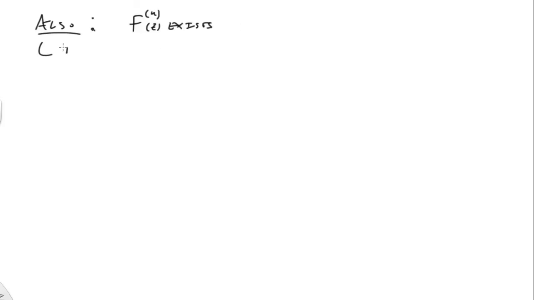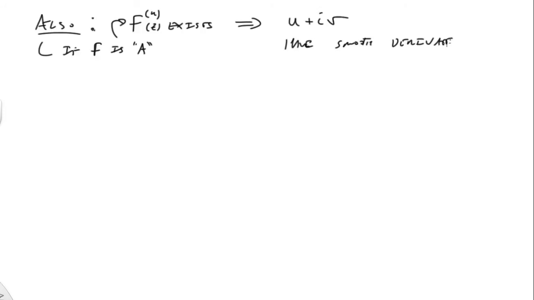I should also just say if f is analytic, then all of these exist, and that implies that the constituent functions u plus iv have smooth derivatives of all orders.